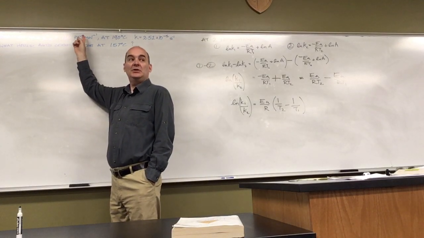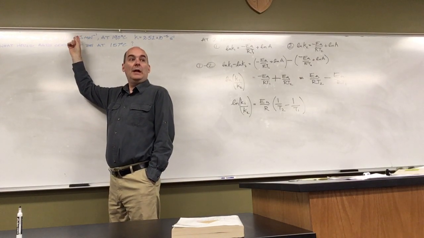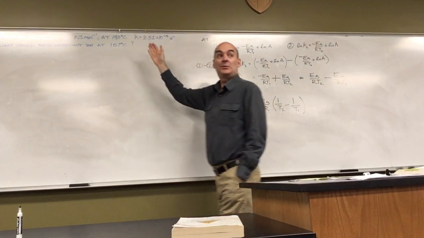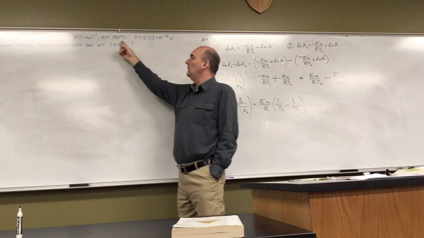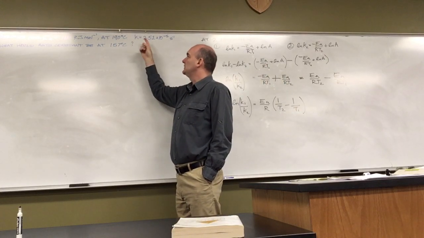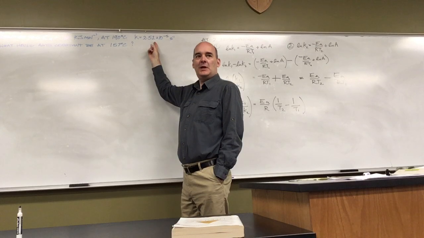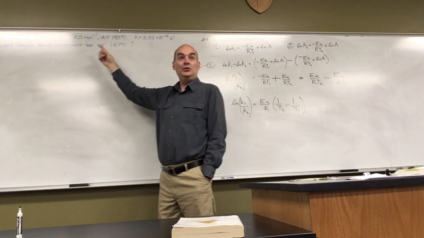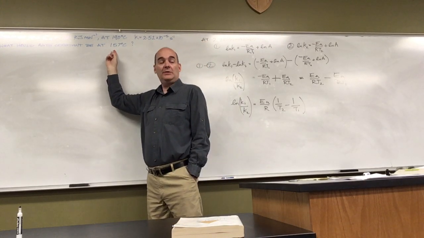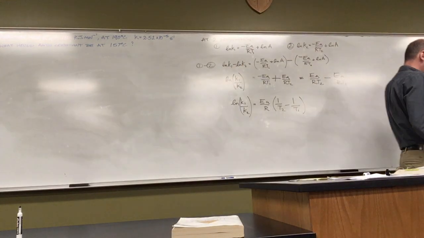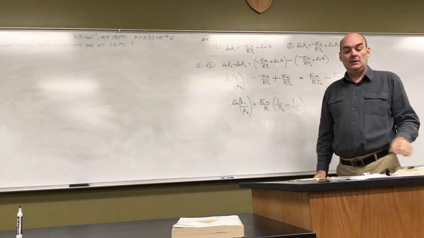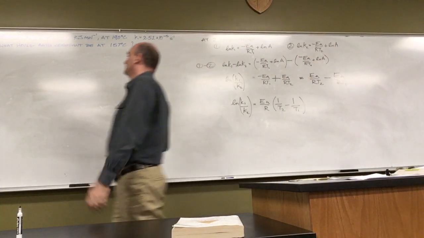That's my activation energy. And then I'm given some specific information that at 190 degrees Celsius, my rate constant is this number. At the new temperature of 157 degrees Celsius, there has to be a new rate constant. Go ahead and find it.